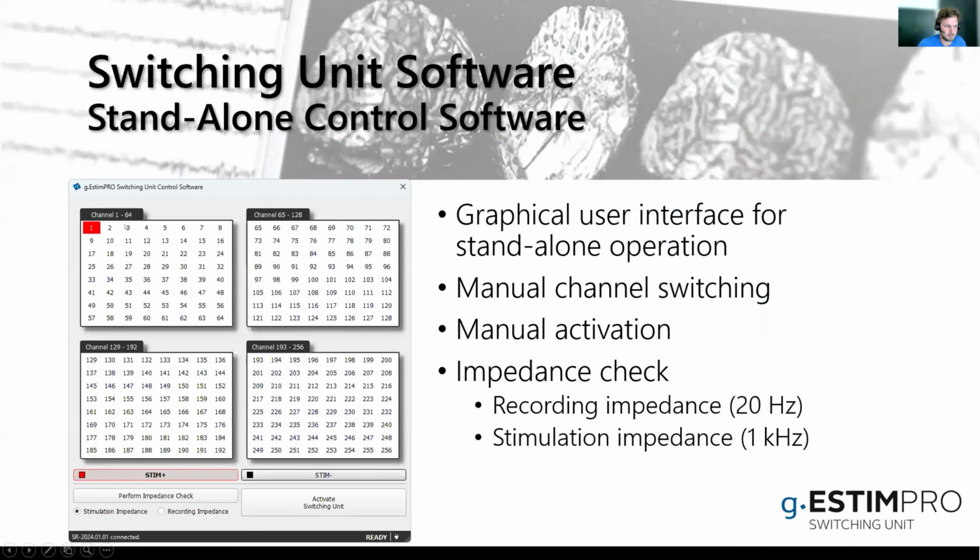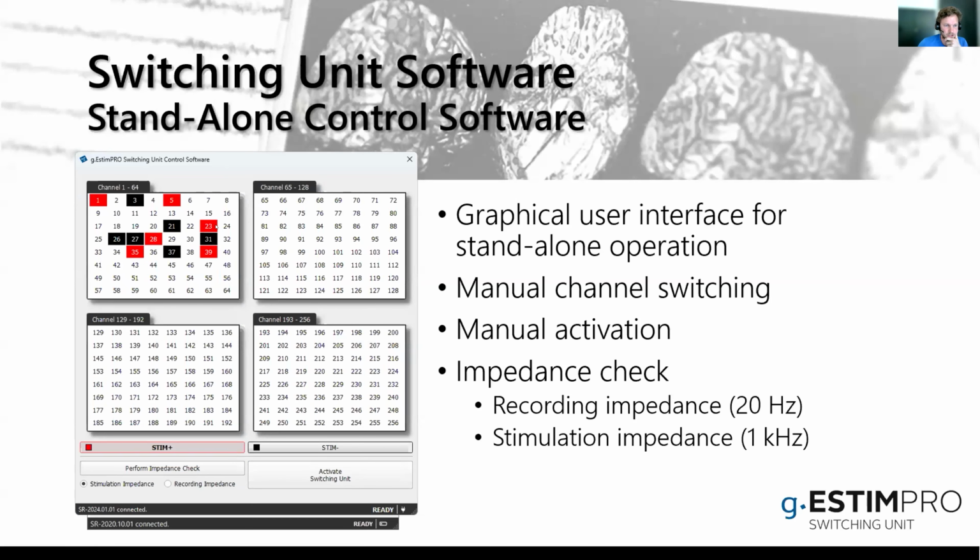And I can just select channels, whatever I want to stimulate. With the control key, I can toggle between positive and negative electrodes. And then I can just click activate switching unit. And now the active LED is on, and the switching unit has just routed its stimulation input to those dedicated electrodes.